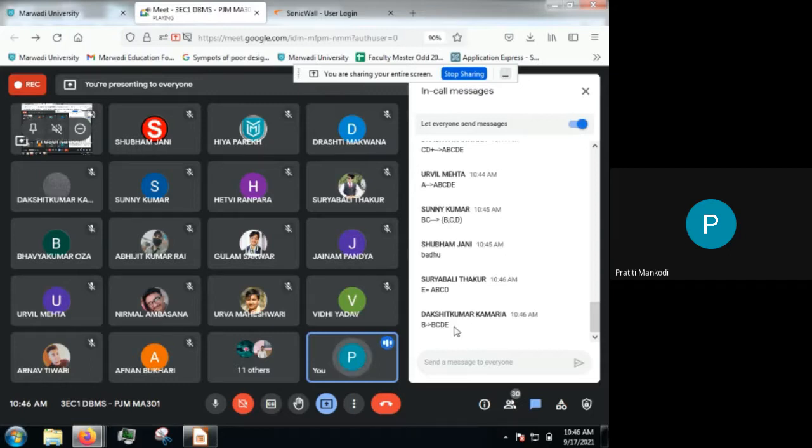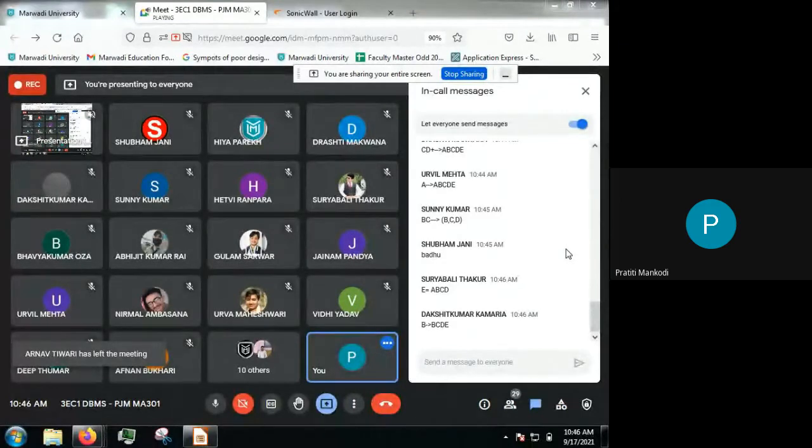B, C, D, E no, only B and D. The B closure will be only B and D, because with the help of B you are able to get only D, nothing else.